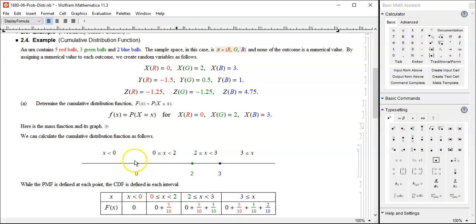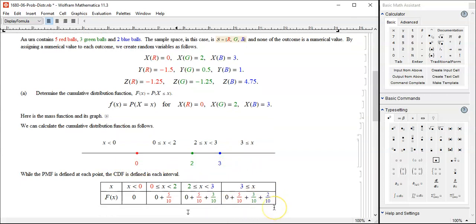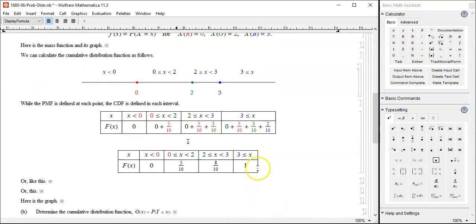So for any x I can select from here, the probability is 5/10. What if I select from here? It's cumulative probability, so I have to add up. First from 0, add this and add that: 5/10, 3/10. If I select from here, then keep adding up: 5/10, 3/10, 2/10. Eventually they add up to 1, and that's it.